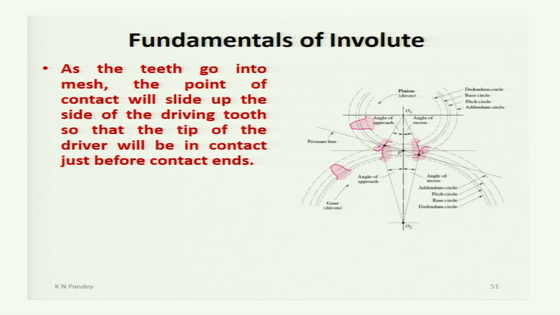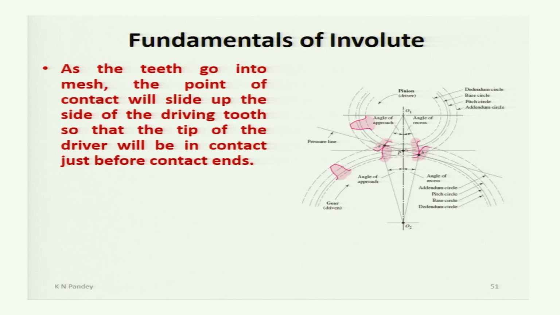So, at the start, the bottom part of the driver is in contact with the tip of the driven, but at the end, the tip of the driver will be in contact with the bottom part of the driven gear.